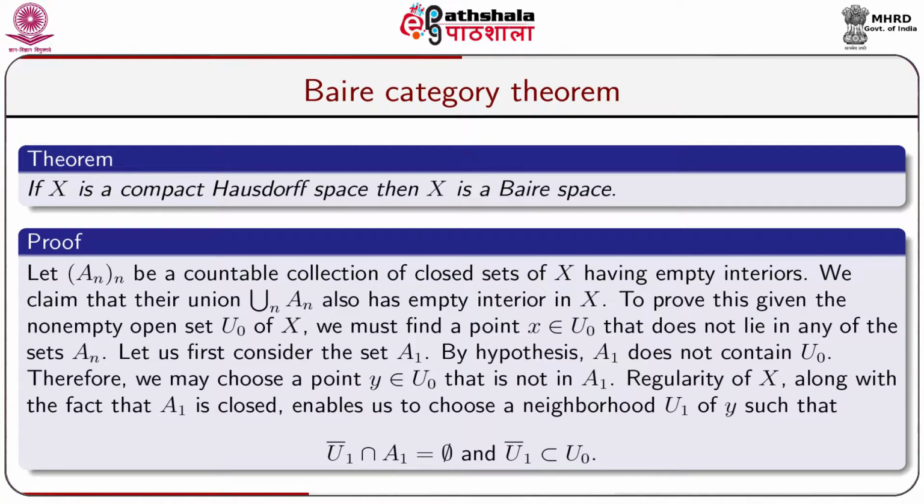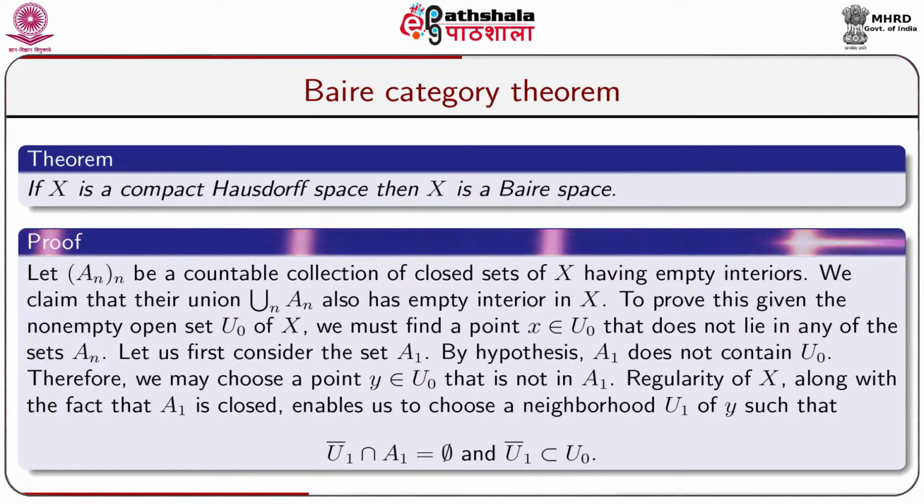Now, A_1 being closed, there exists some open set containing y which misses A_1. But we know that X is compact Hausdorff and therefore normal and hence regular.